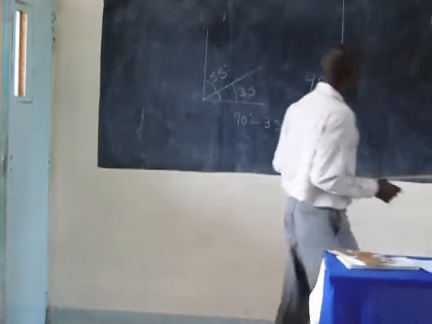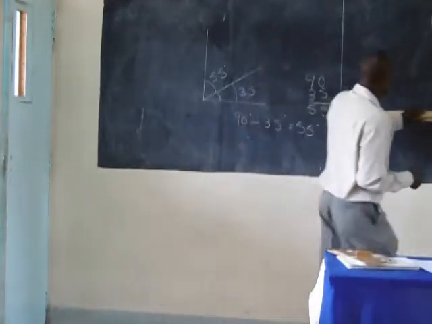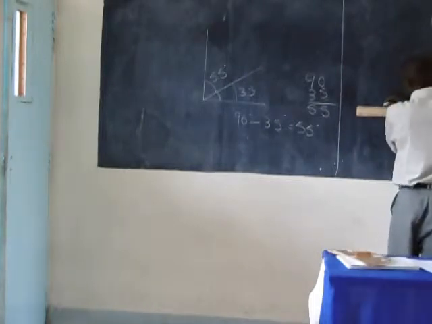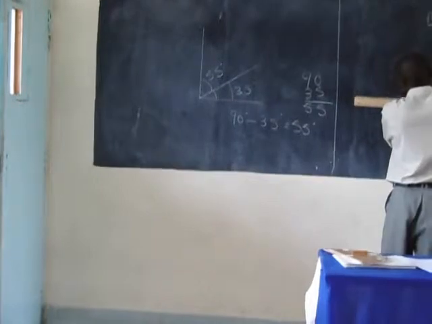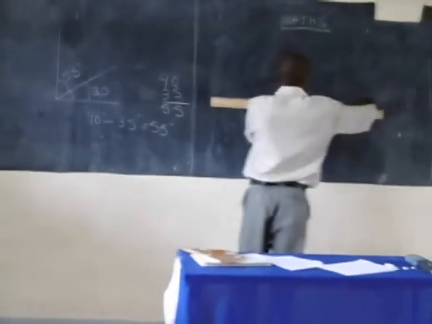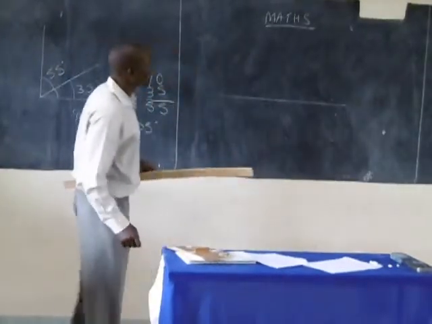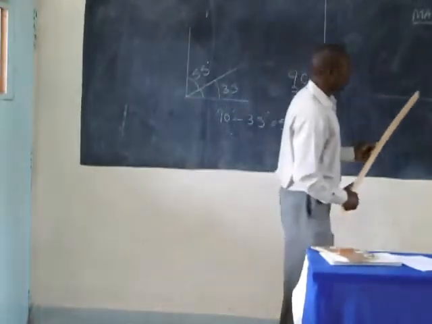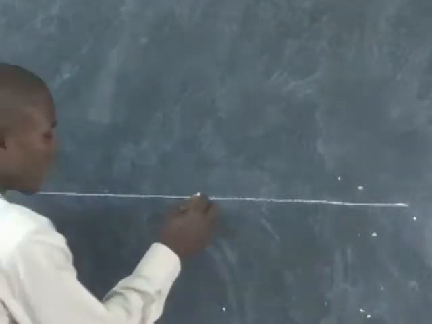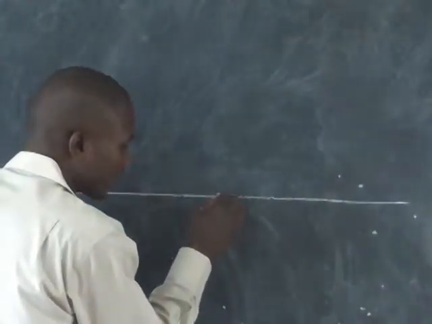Now, if I want to draw this straight line here. Straight line. And know this straight line, it is also an angle. Is it true? But it is now an angle on a straight line. But now we shall have a point somewhere.